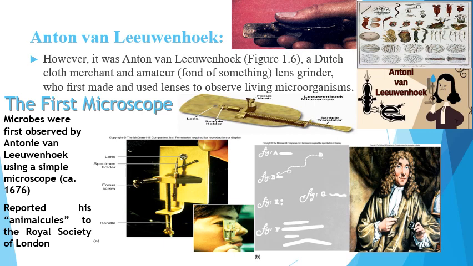He found small entities that he called animalcules. He found them in stagnant water, in sick people, and even in his own mouth. Over the years, Louie Van Hoek observed all the major kinds of microorganisms.